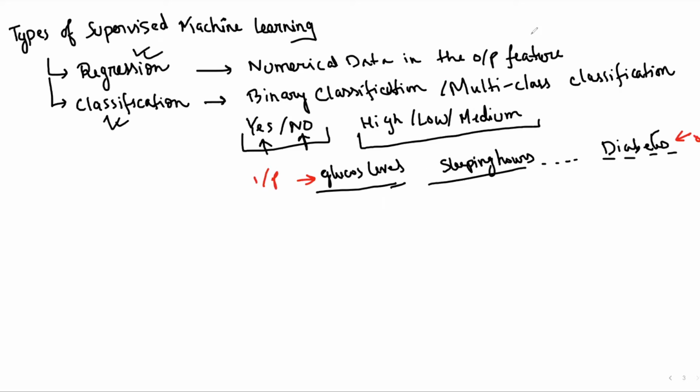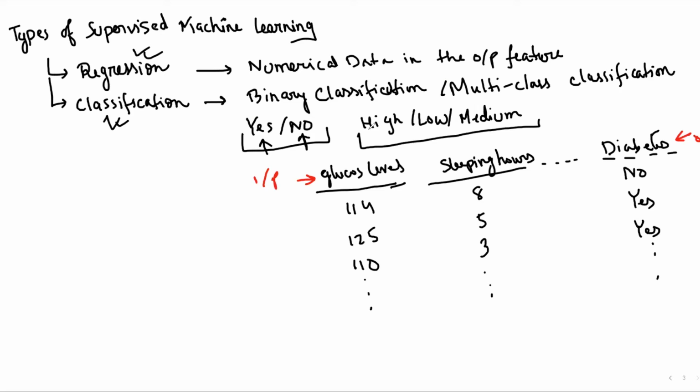The glucose level can be 114, 125, 110, and so on. Sleeping hours maybe 8 hours, 5 hours, 3 hours, and so on. Diabetes, yes or no? It can be no, yes, yes, and so on.